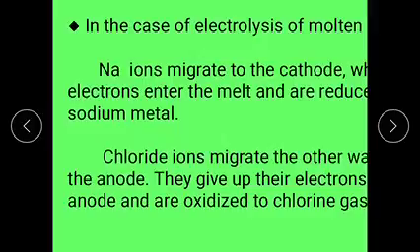The Na plus ions move towards the cathode side and produce sodium metal on the surface of the cathode. The chloride ions move towards the anode side and give chlorine gas at the anode.